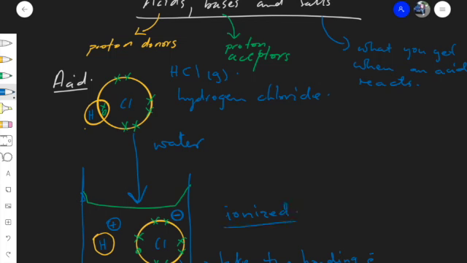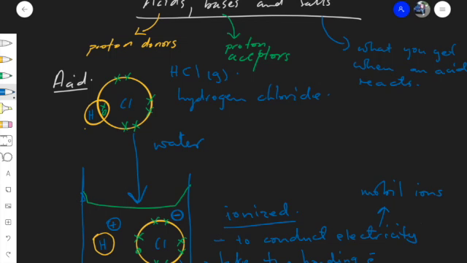It is going to be changed into ions, and therefore it can conduct electricity, since it has got mobile ions. Sorry, not electrons. Mobile ions.